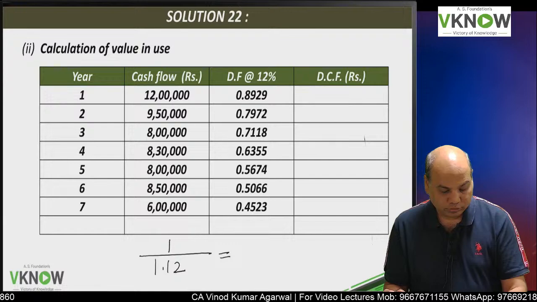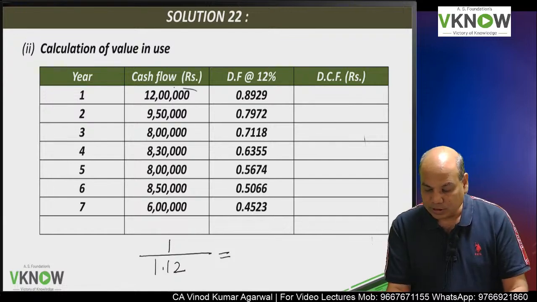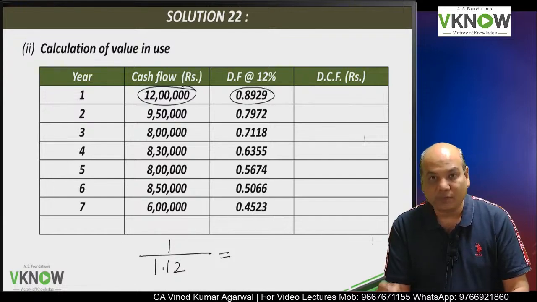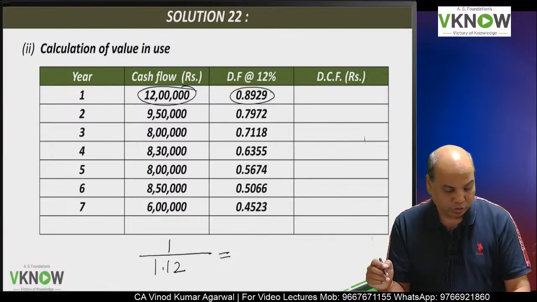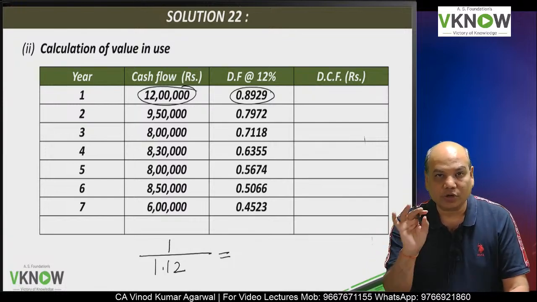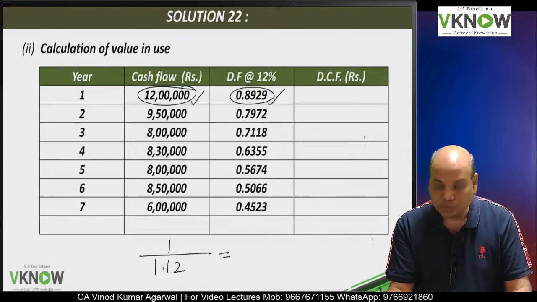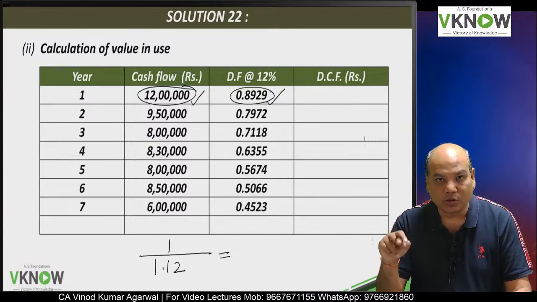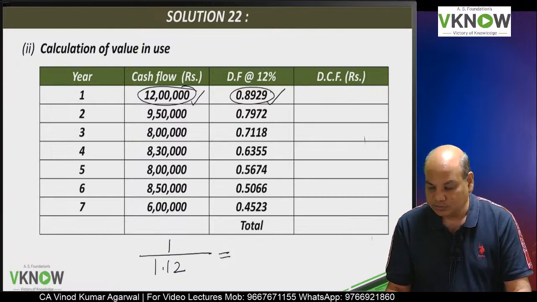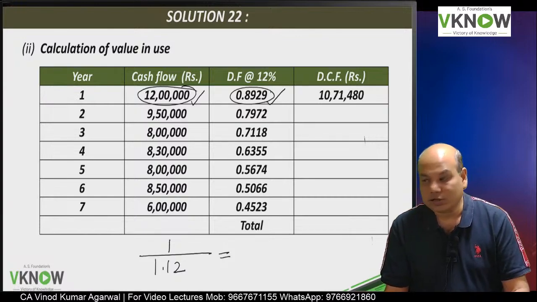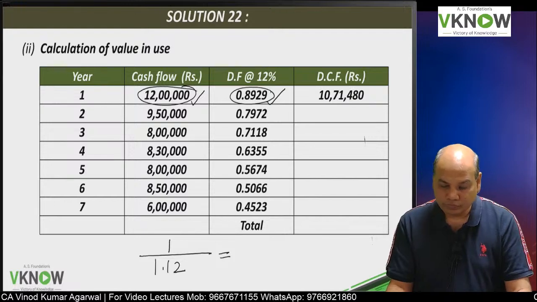Now what you do, you will have to multiply cash flow, discounting factor and add them. To do the calculation fast, use memory plus function. 12 lakh into 0.8929 equal to memory plus, you will get 1071,480.